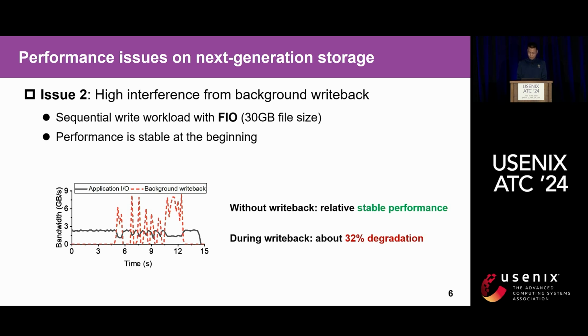The influence of device bandwidth is that as the device becomes faster, the proportion of software overhead increases during the writeback. This intensifies the software contention with the foreground buffered write, resulting in about 32% of performance degradation.